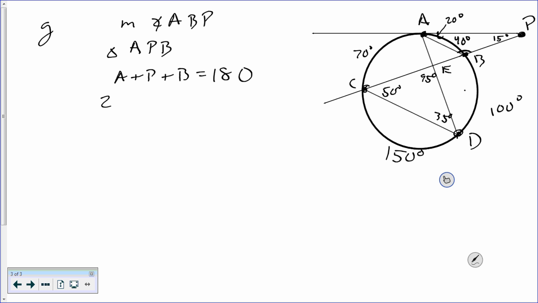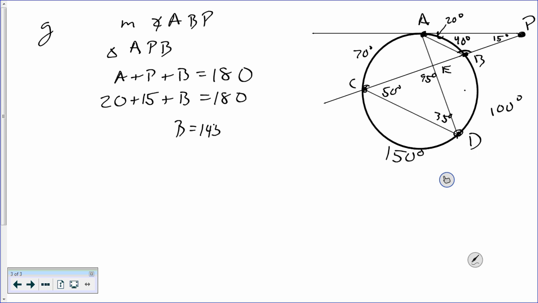I know that A is 20. I know that P is 15, and I know that B is what we're trying to find out. 20 and 15 is 35, and 180 minus 35 is going to be 145.